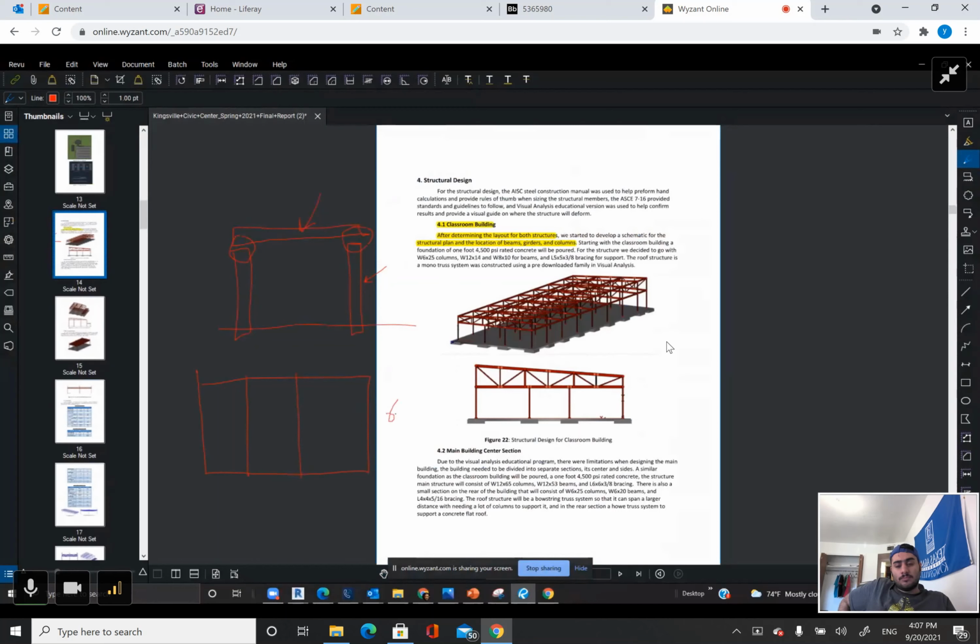Let's say this is like 60 feet, right? You might have main beams going this way, but you might have secondary beams going this way, right? Have you seen that in structures before? Like you'll have a column here, column here, column here.